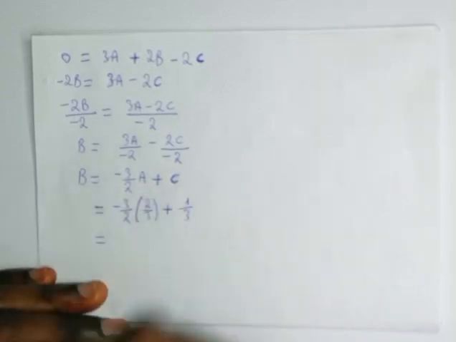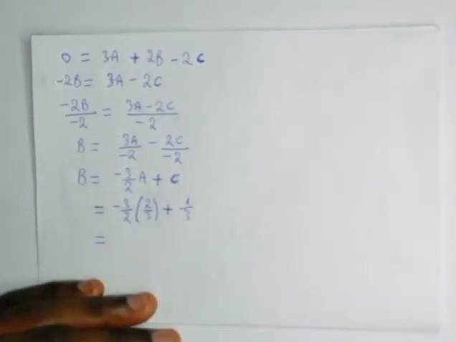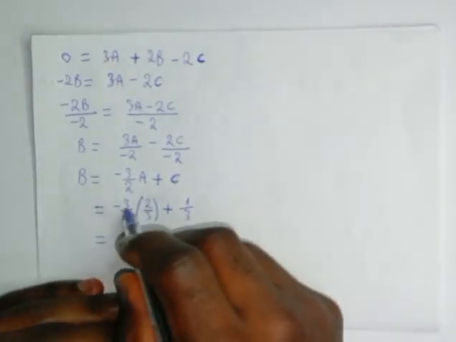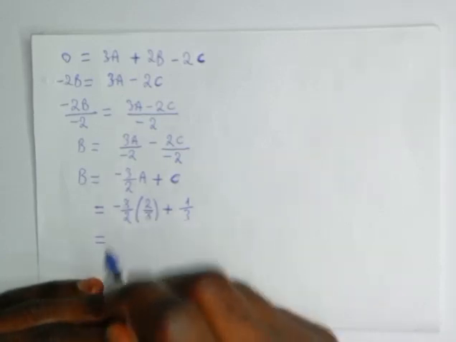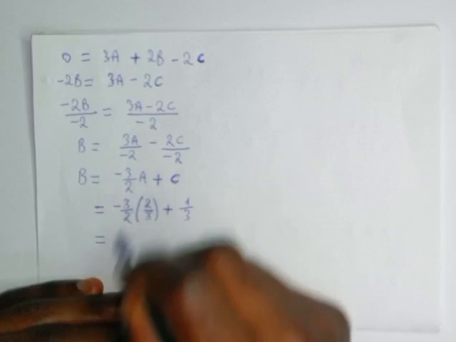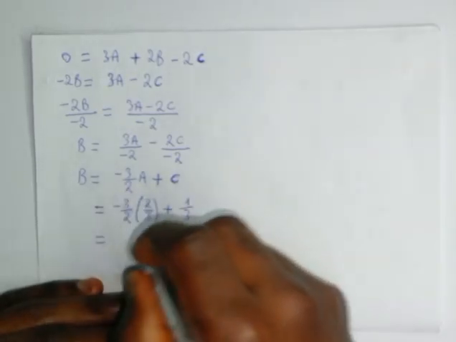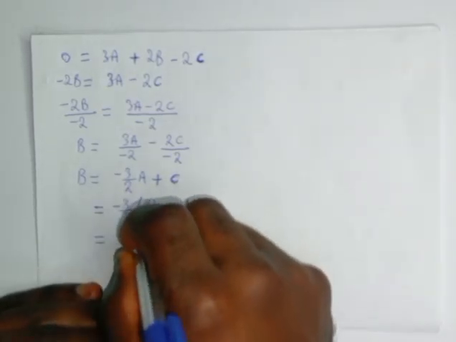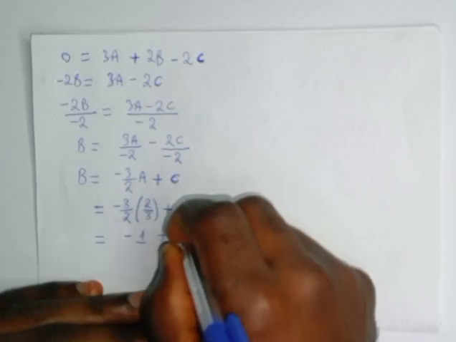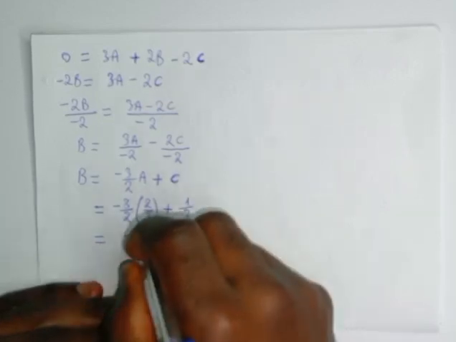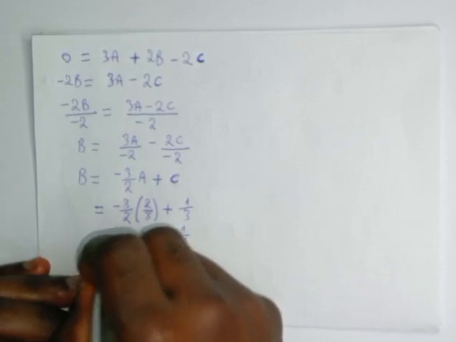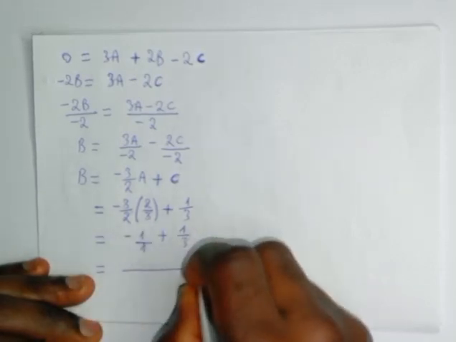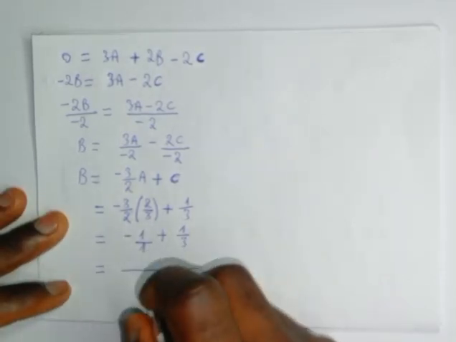This will give us, if you simplify, 3 will go here 1, 3 will go here 1, 2 will go here 1, 2 will go here 1. So this will give us negative 1 plus 1/3. Negative 1 here can be written as negative 1 over 1. And this will be equal to the LCM of 1 and 3, their denominators.